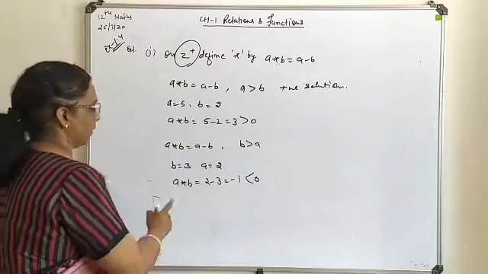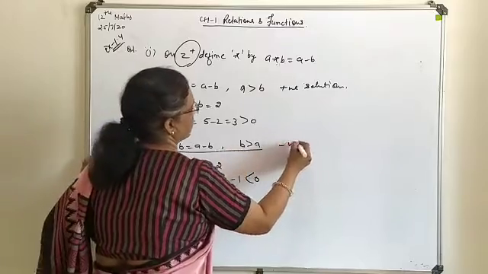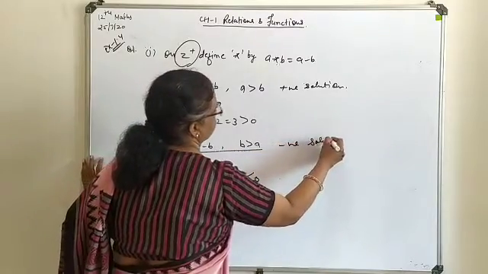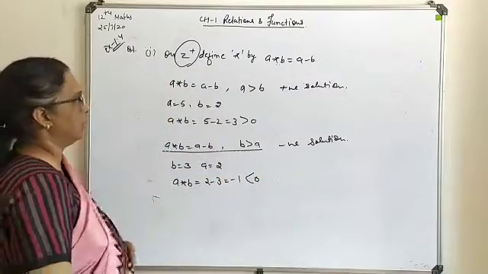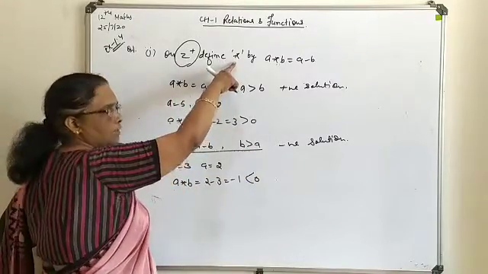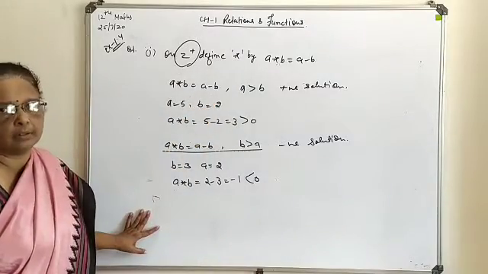So in general, for this type of combination, the answer will come negative. But it should come as a positive quantity for the existence of this binary operation. So here the binary operation is not going to be defined.